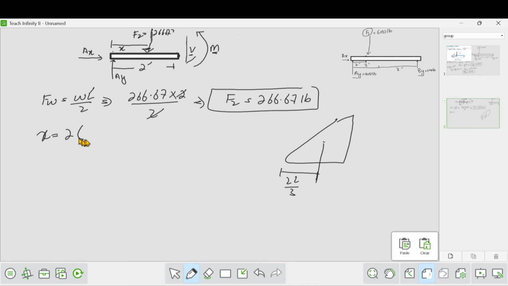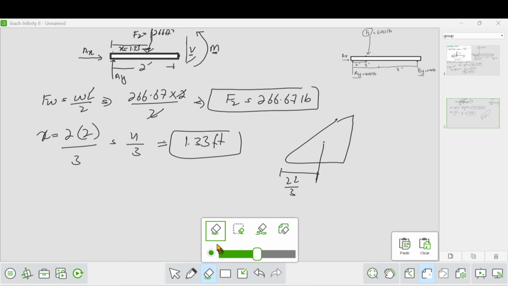So 2 into L, which is 2 feet, divided by 3. So 4 by 3, which is 1.33 feet. So x is equal to 1.33 feet.